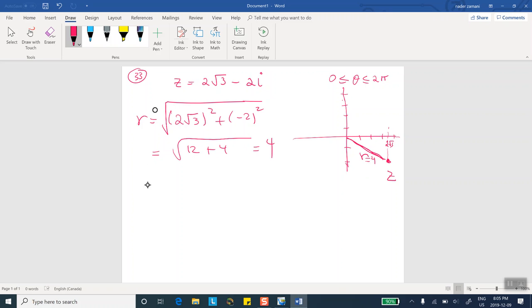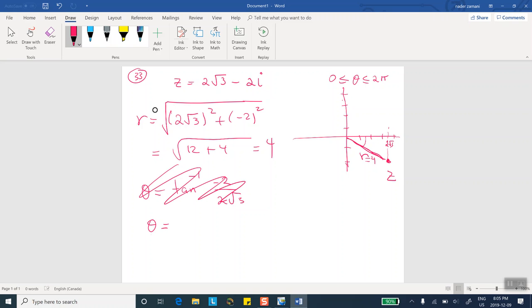Now, the angle theta, if you blindly go ahead and say theta equal to tan inverse of minus 2, it's b over a, minus 2 over 2 root 3, you will get an angle which is negative. If you put this in your calculator, you will get a negative angle. So I don't want to do it like that. Let me find this angle, so not use my calculator.